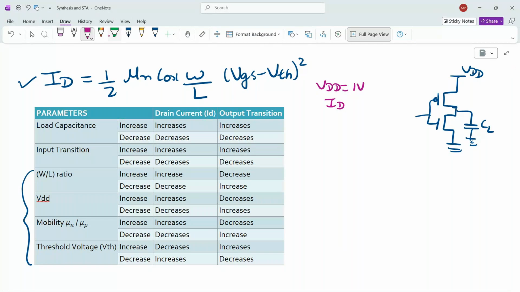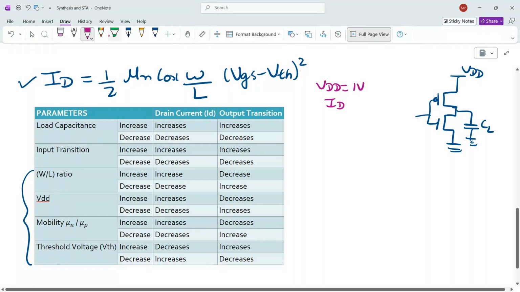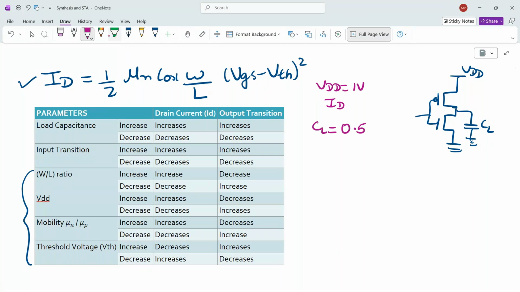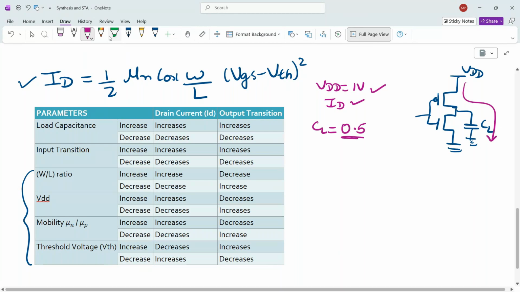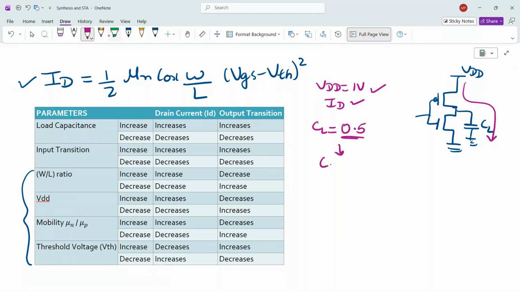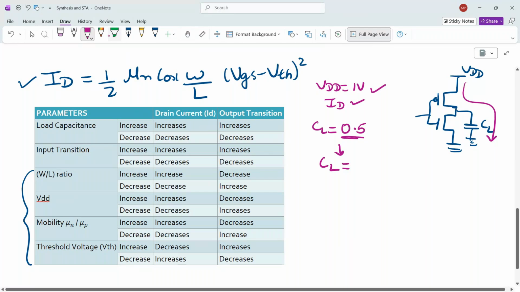Now what is happening? The value of load capacitance CL is 0.5 femtofarad. With the same ID and same VDD, it requires some time to charge this capacitance of 0.5 femtofarad. But now I will increase load capacitance CL from 0.5 to 1 femtofarad.